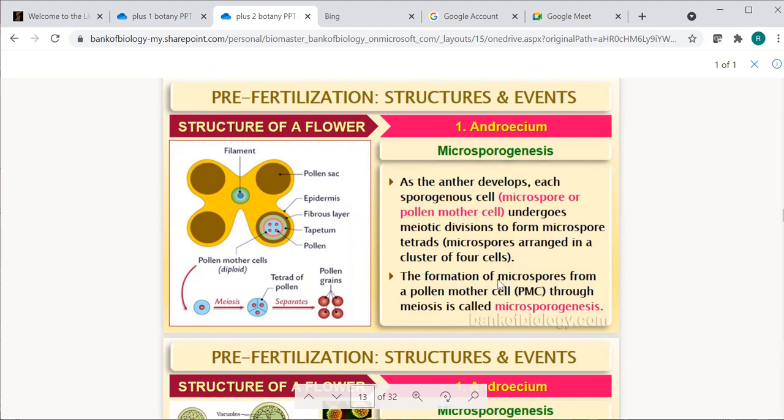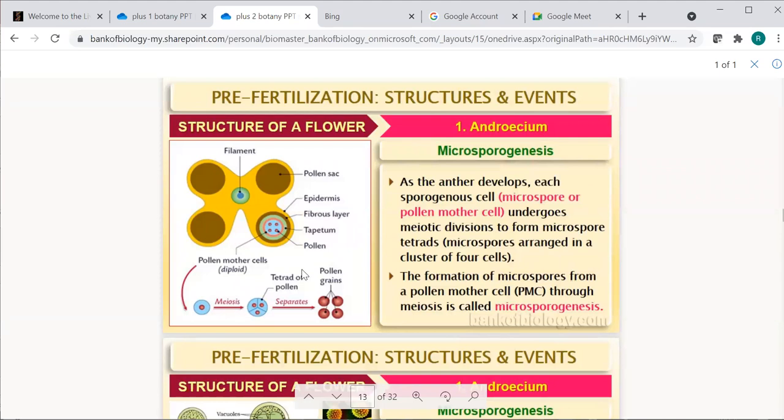So the formation of microspores from a pollen mother cell through meiosis is called microsporogenesis. As I already mentioned, the mother cell forms male gametes, that is the 4 microspore tetrads. This is the mother cell. It forms a tetrad through meiosis.